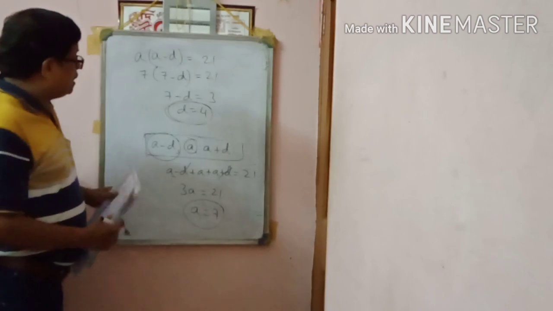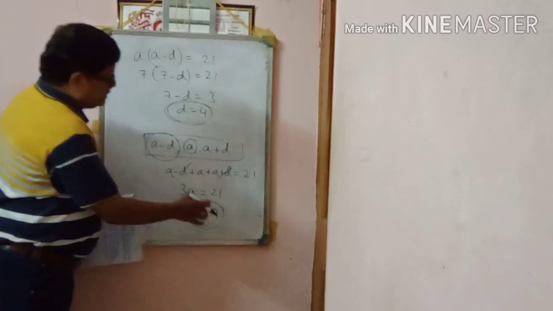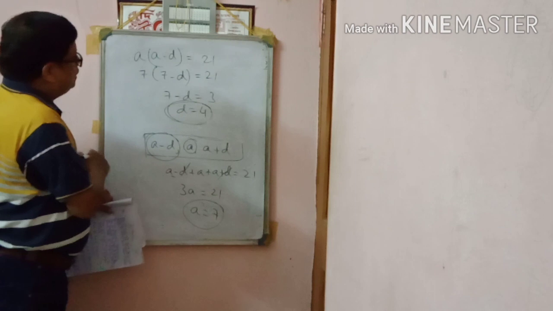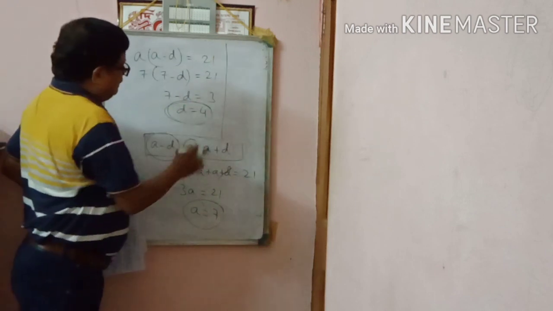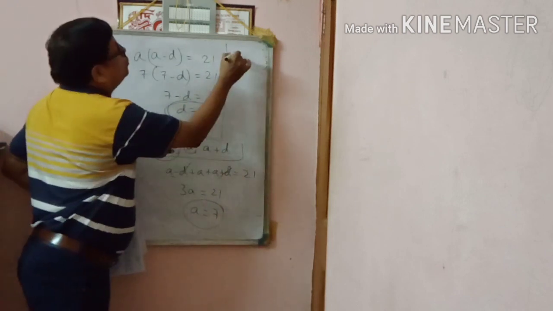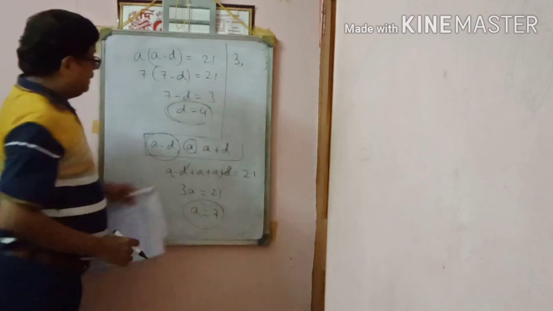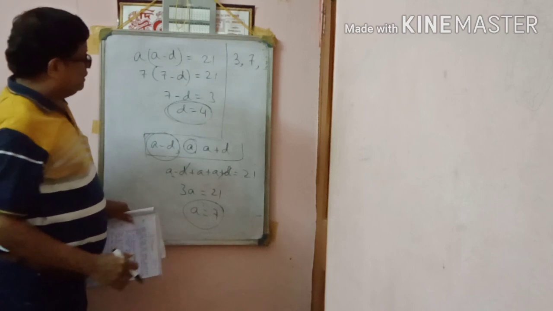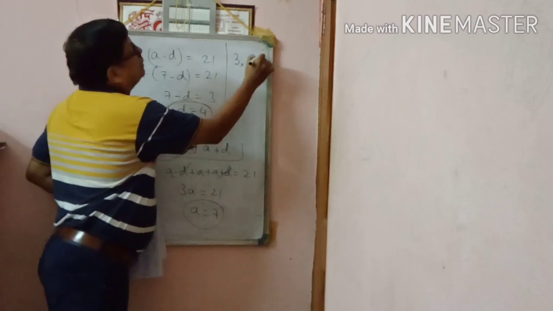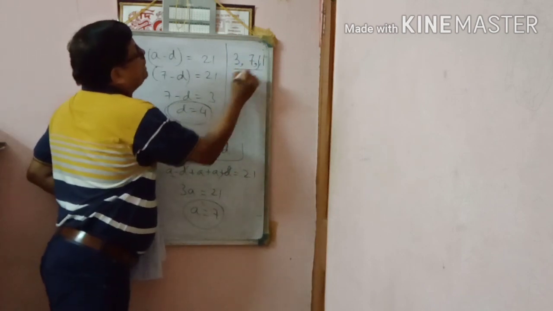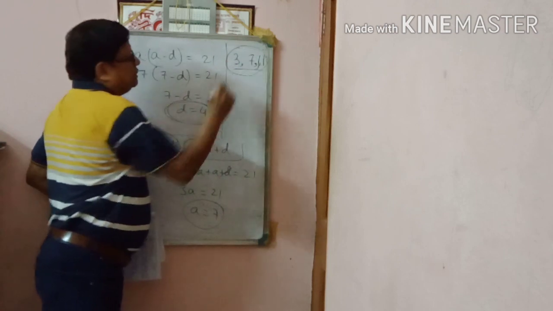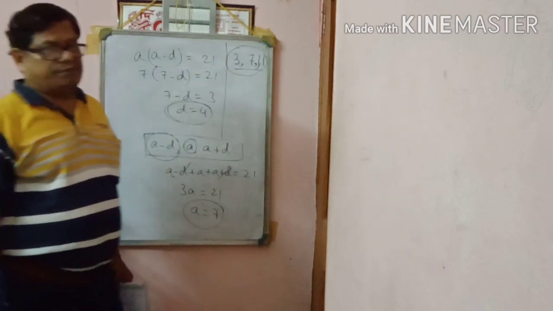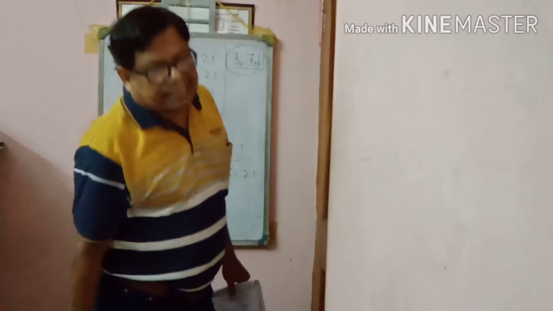So a equals 7, d equals 4. So the numbers are a minus d, that is 7 minus 4, 3, and a, this is 7, and a plus d, 11. So the three numbers are 3, 7, and 11. You have to verify whether your sum is correct or not.